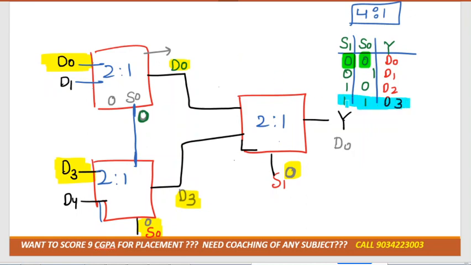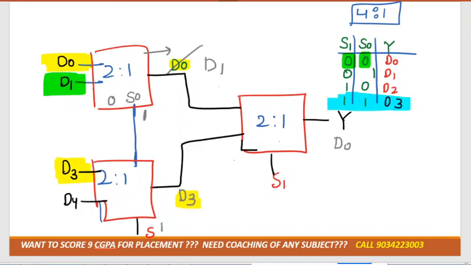Okay. Let's check the last one also. Now we are not selecting 0, we are selecting 1, 1. If S0 is 1, then will the output be the first term or the second term? Second term now. And the second term here, in this case, the output is D1. Correct?